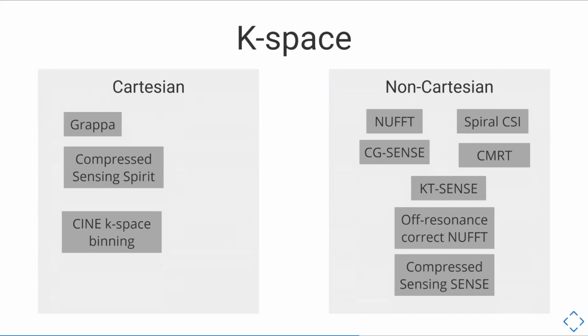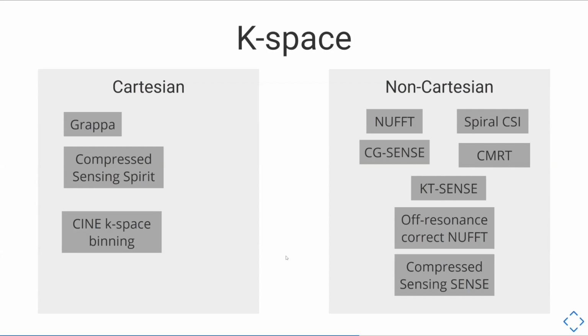We have a very robust GRAPPA implementation that's being used as the baseline in a lot of different applications. We also have SPIRiT reconstruction with and without compressed sensing, and we have a Cine reconstruction where they're doing K-space binning, and they're doing motion correction.